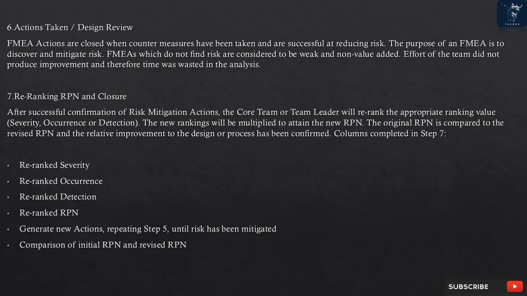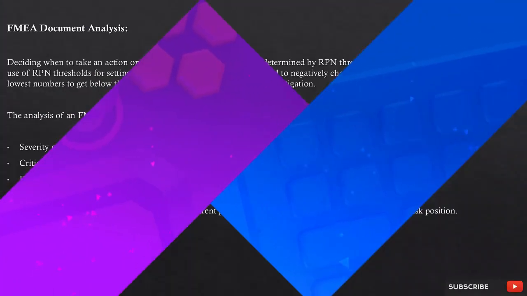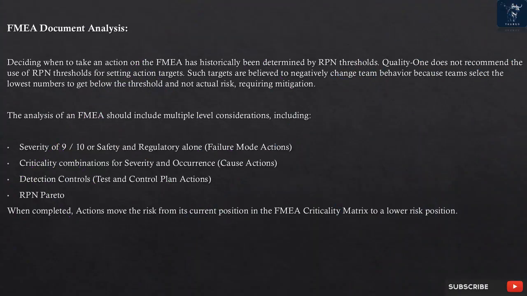Columns completed in Step 7: re-ranked severity, re-ranked occurrence, re-ranked detection, re-ranked RPN. Generate new actions, repeating Step 5, until risk has been mitigated. Comparison of initial RPN and revised RPN, FMEA document analysis.